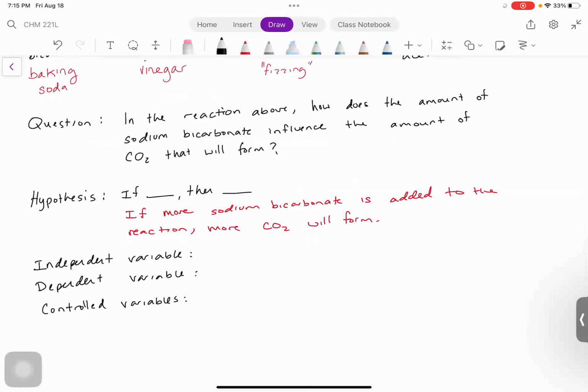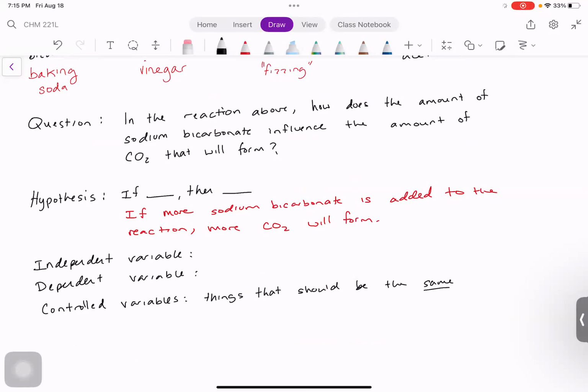So when you're thinking controlled variables, you're thinking about things that should be the same in all of your trials.